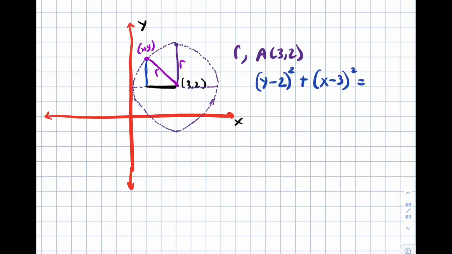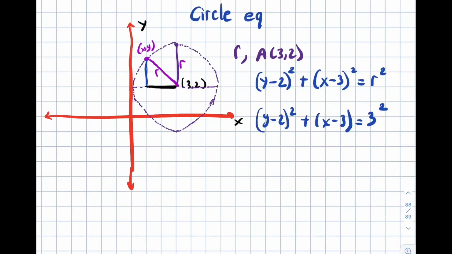It doesn't matter, guys, you can change the places of x and 3, because you're taking the square, so negative or positive doesn't matter. So (y minus 2) squared plus (x minus 3) squared equals r squared, and we set 3 units, so 3 squared. This is the equation of our circle. That's it.